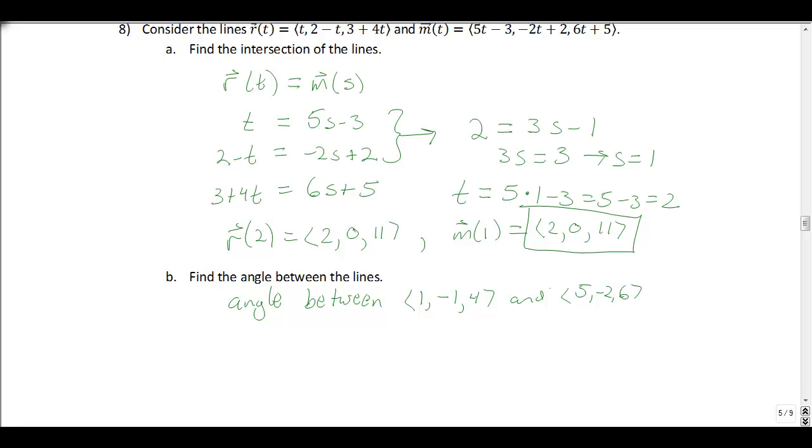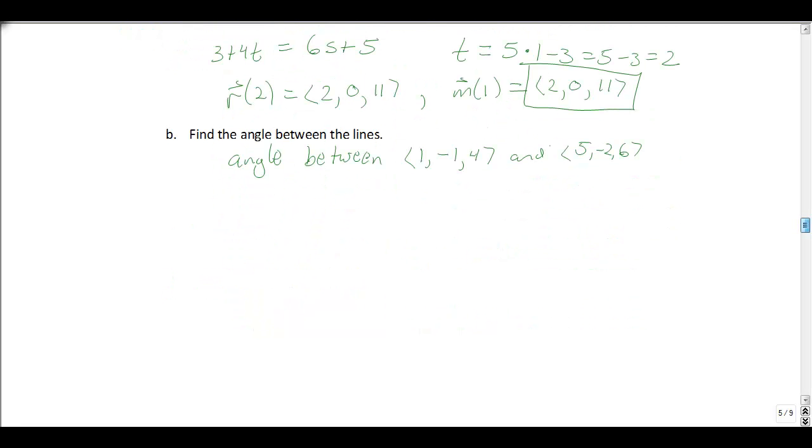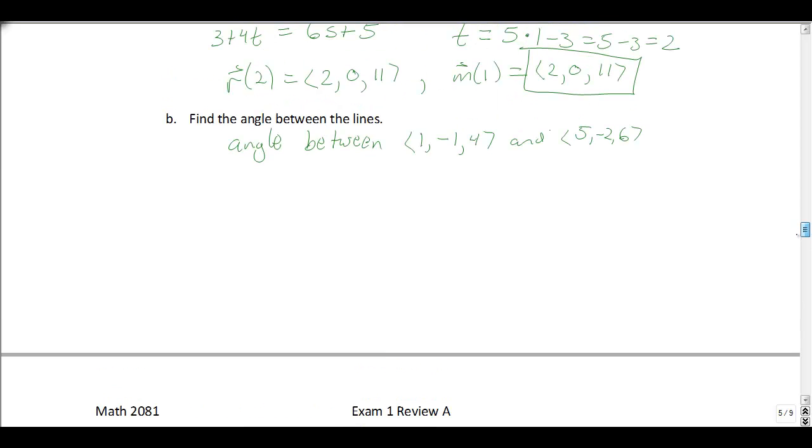So we did a problem earlier on this, finding the angle between two vectors. The formula here was that theta is the inverse cosine, arc cosine, of the dot product of the two vectors, (1, negative 1, 4) dotted with (5, negative 2, 6), and then divide by the magnitude of each.